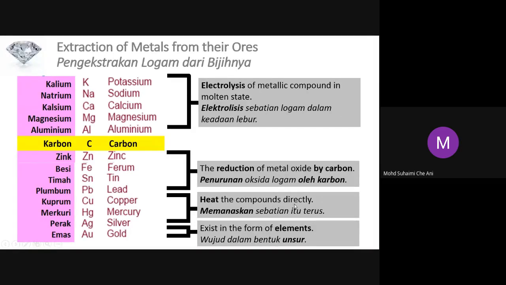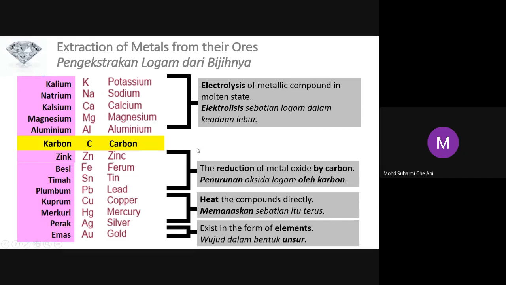Okay, alright. So these are the four methods that can be used to extract the metals. You need to remember all four methods and the examples of the metals that can be extracted using each method. In detail, we will learn about the reduction of metal oxide by carbon after this, in the next class.